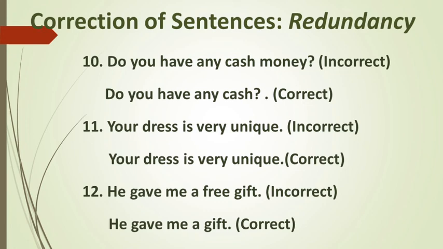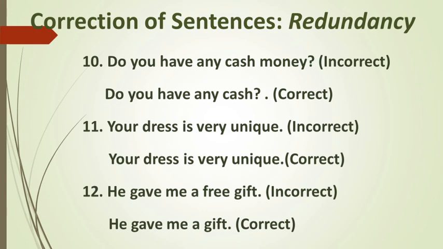Here also, with very and unique, there is no need to use the word very before words like unique, and the use of the word very is unnecessary. So your dress is unique is the correct answer. Please note one thing: in the PPT both the sentences are the same. The second sentence should have been, your dress is unique.